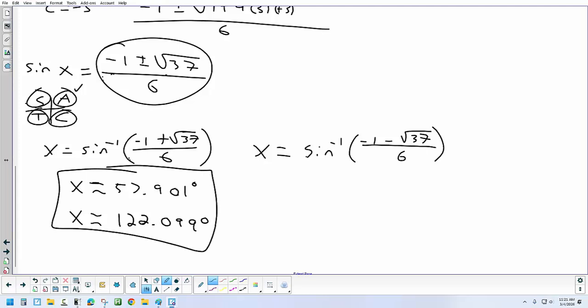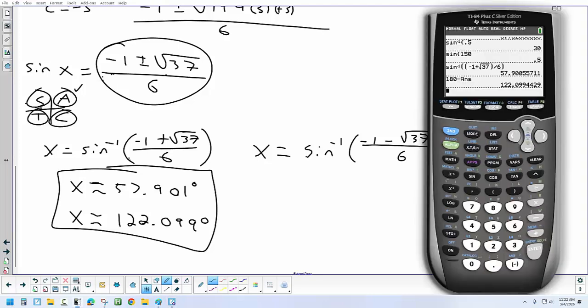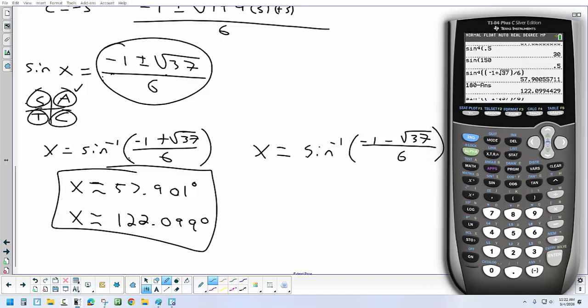Okay, so now try typing the second one in, okay, and watch what happens. Let's go back to inverse sine. Just change it to -1 minus root 37 over 6. Let's see.